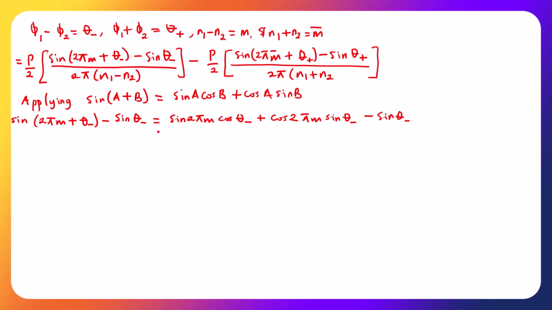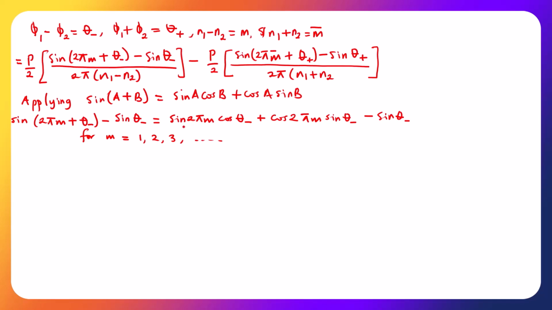So for integer m, that is m equals 1, 2, 3, and so on, we see that sine of 2 pi gives us 0. Same thing with sine of 4 pi, sine of 6 pi, 8 pi, and so on.